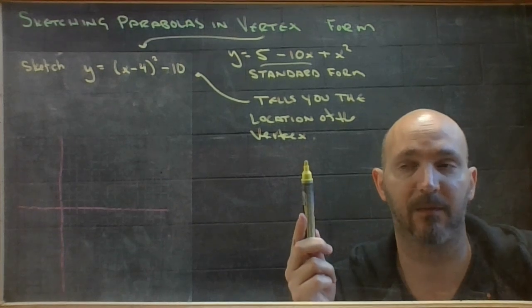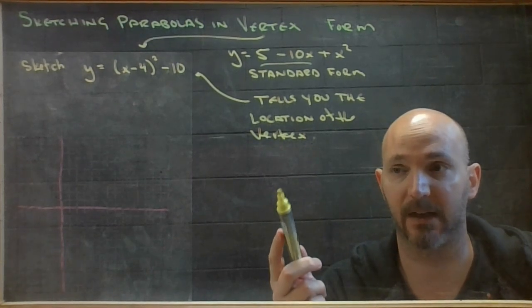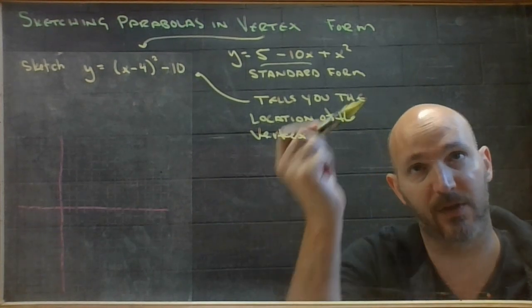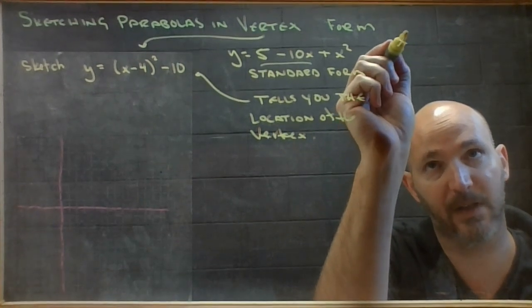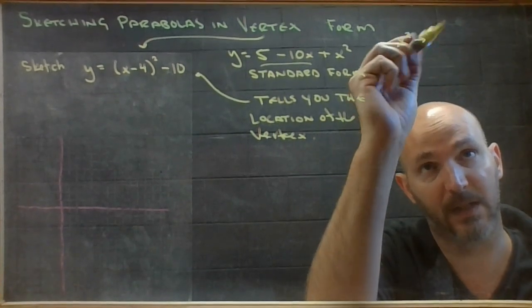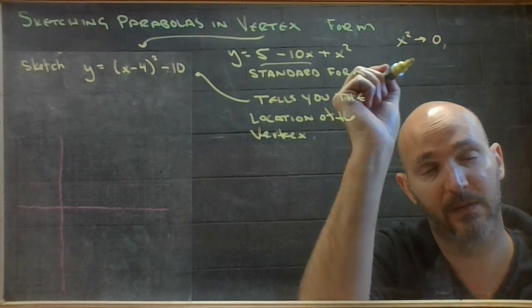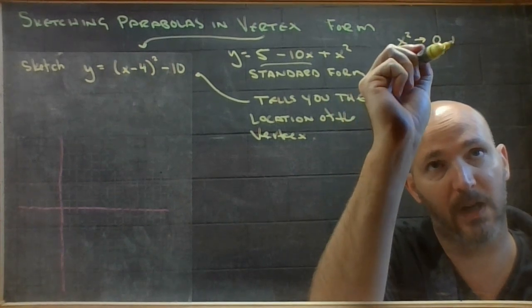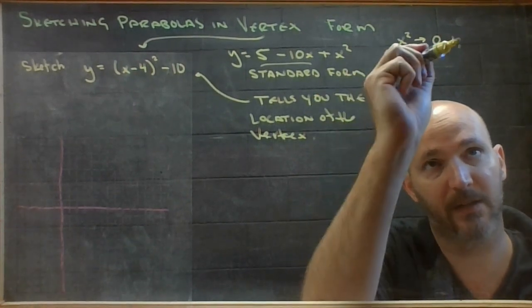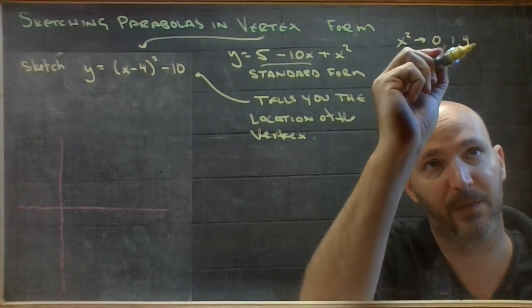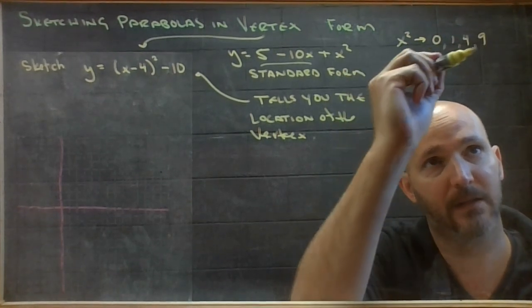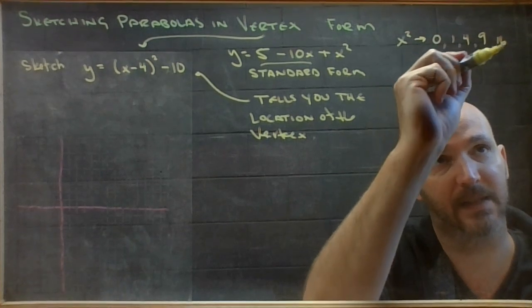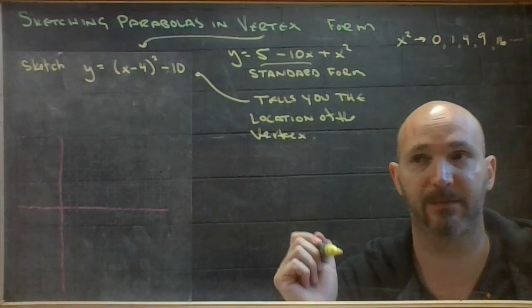Now, if I'm counting the pattern from the vertex, I need to have the pattern. So just remind yourself that your x squared values, 0 squared would be 0, 1 squared is 1, 2 squared is 4, 3 squared is 9, 4 squared is 16, etc.